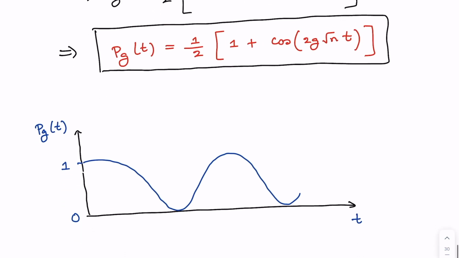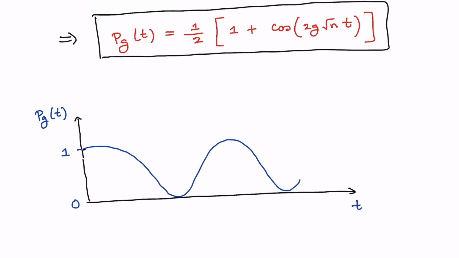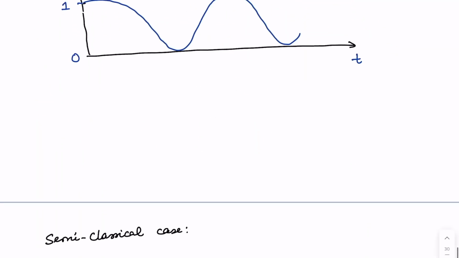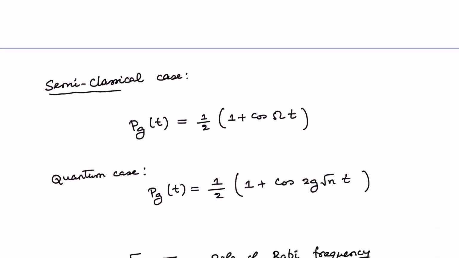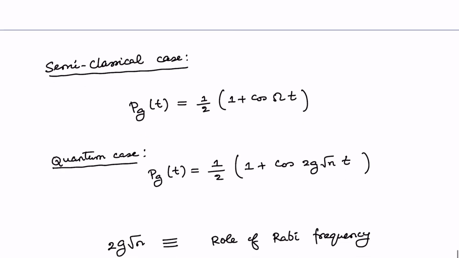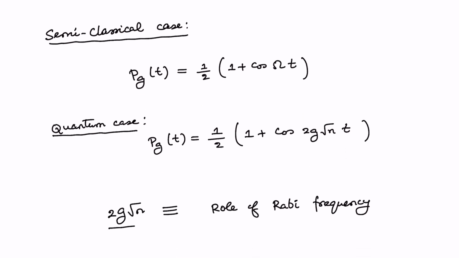As you can see from this plot, the atom is going to oscillate between the ground state and the excited state. If we compare the semi-classical expression for the Rabi oscillation, where we calculated the ground state probability, with that of the quantum case, you can easily see that this quantity 2g√n plays the role of Rabi frequency.